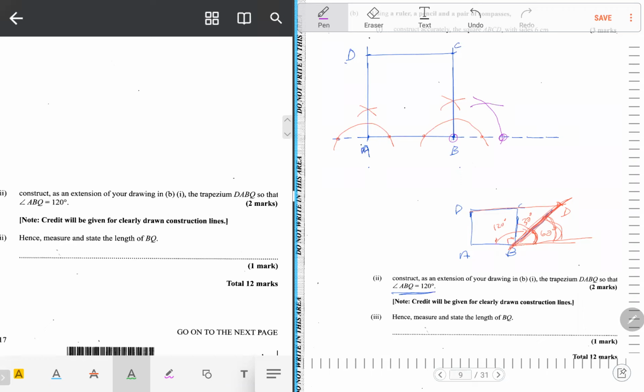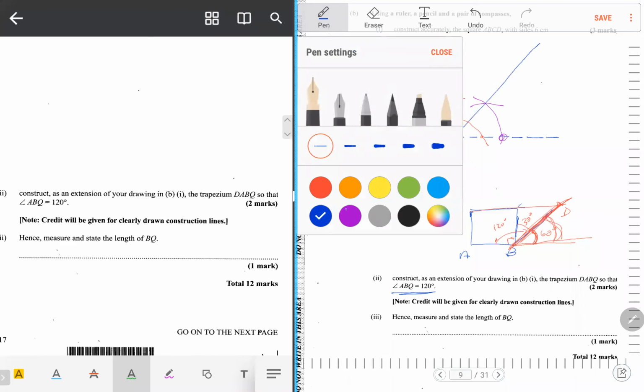And so you put the point here first, make this first arc, then you move the point to here and mark this second arc here. All right, and then now go back to the blue. Use a ruler and draw a straight line through there, right?